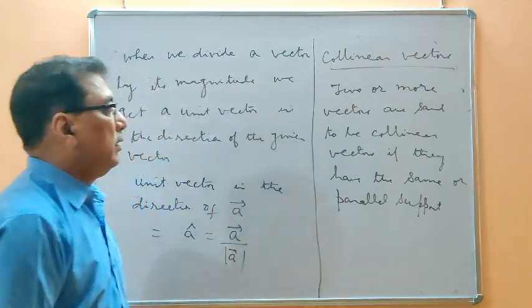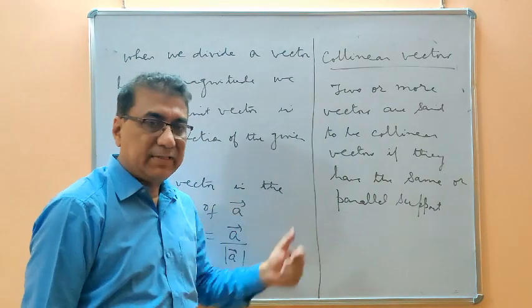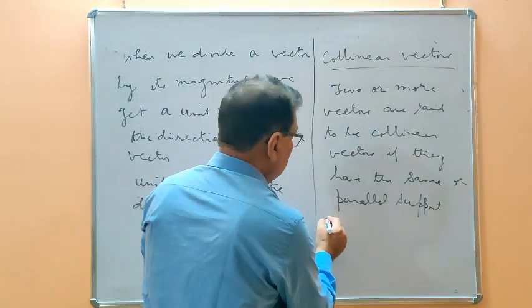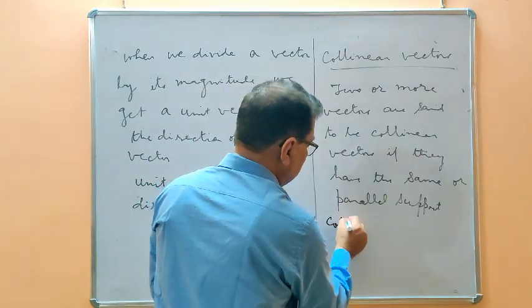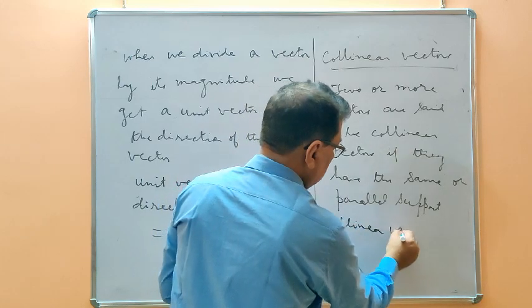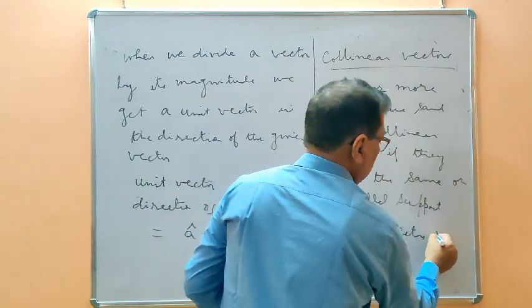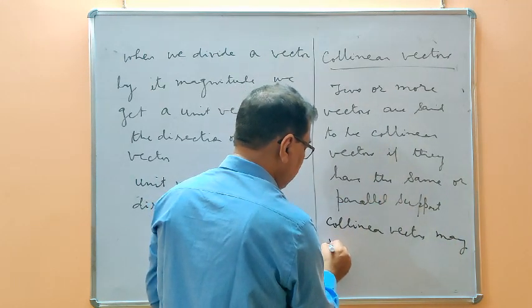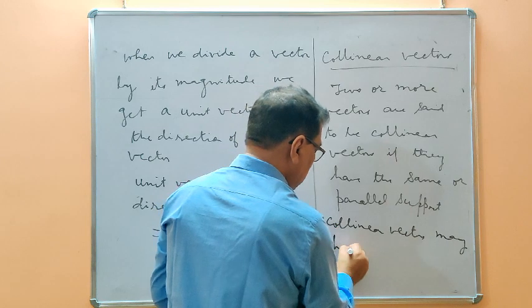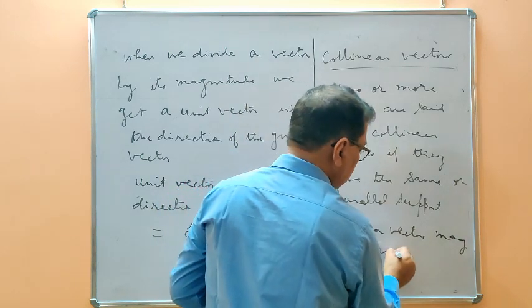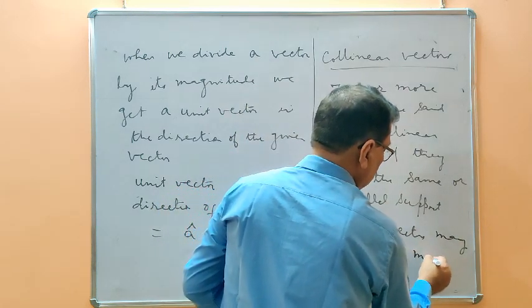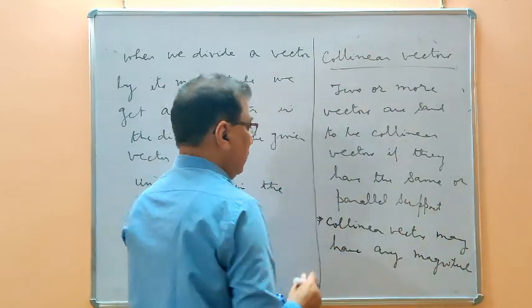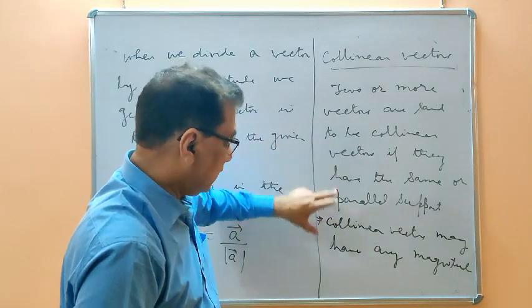Okay. Now in terms of support we have discussed. What about the magnitude? The collinear vectors may have any magnitude, okay.